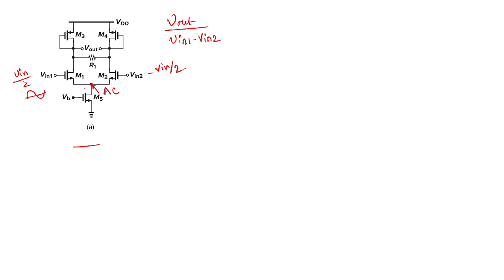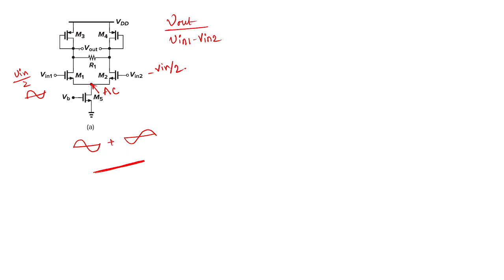For this, the output will be the same as the input, and in this case the output will be opposite. And if you add these two, it will be a constant value. So in AC analysis, this will be AC ground.